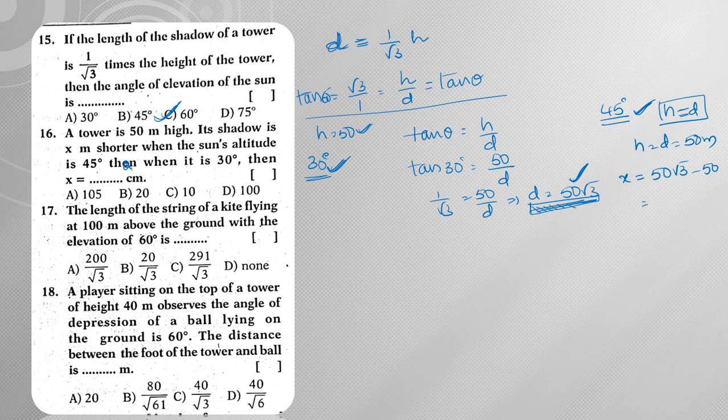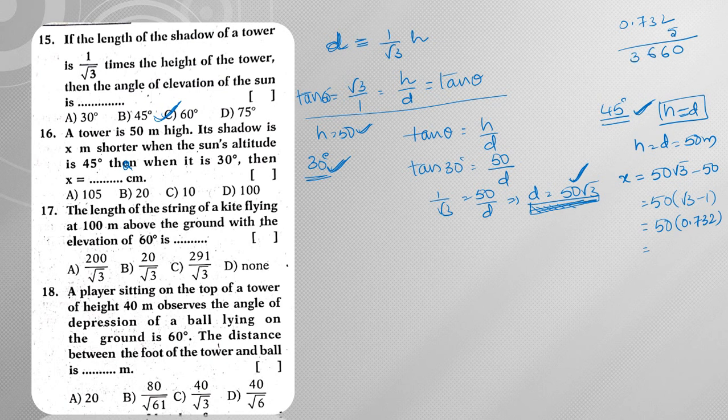So 50 root 3 minus 50 is 50 into root 3 minus 1, which is equal to 50 into 1.732 minus 1, that is 0.732. So when I multiply 0.732 with 5, 5 2s are 10, 5 3s are 15, 16, 5 7s are 35, 36.